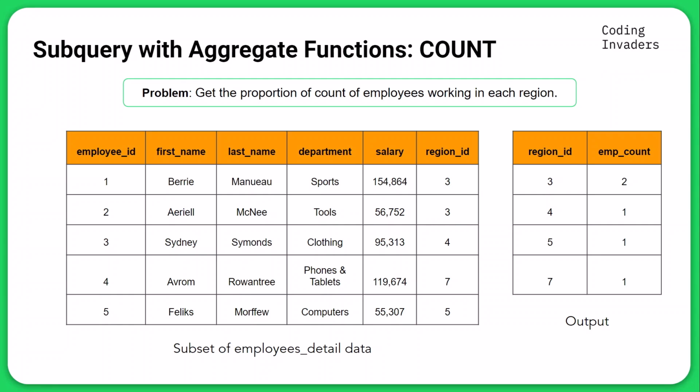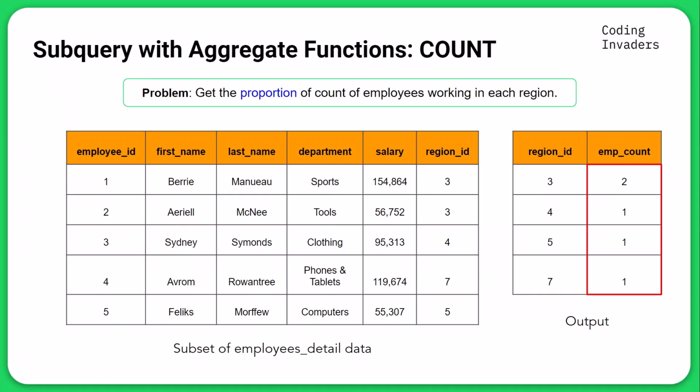All right, this was pretty simple, right? We have 2 employees in region ID 3. We have 1 employee in region ID 4. We have 1 employee in region ID 5. And we have 1 employee in region ID 7. Great. But according to our question, we don't need just the count.